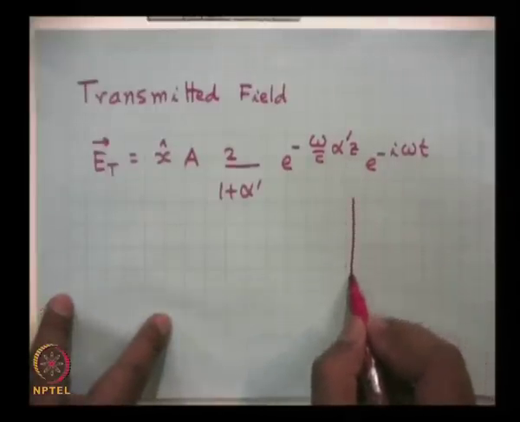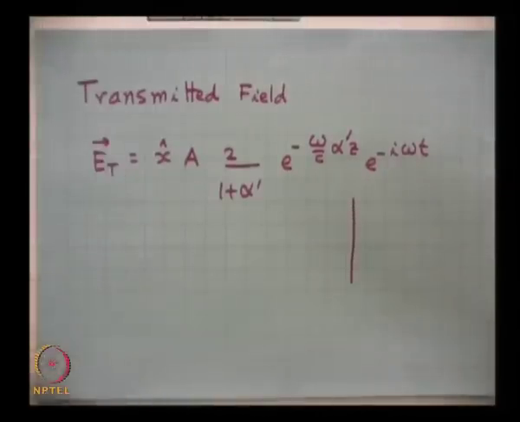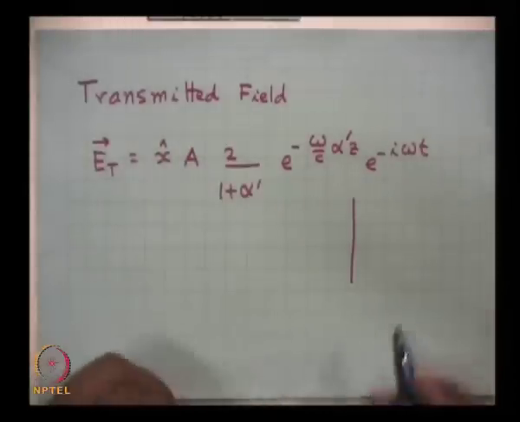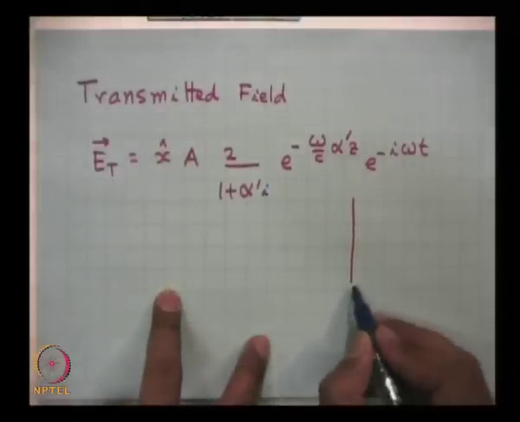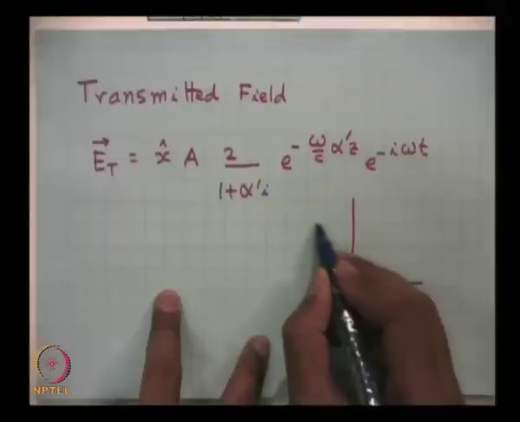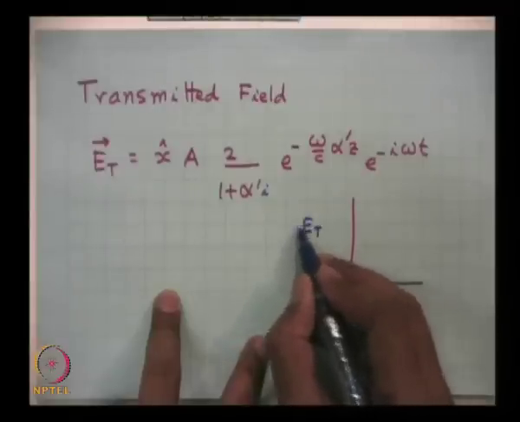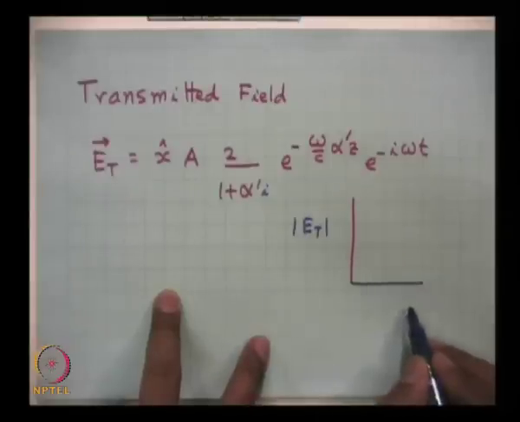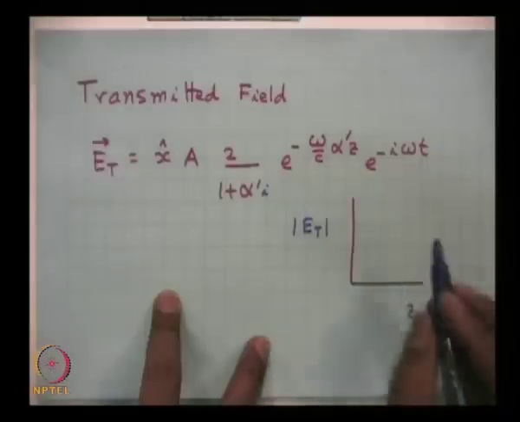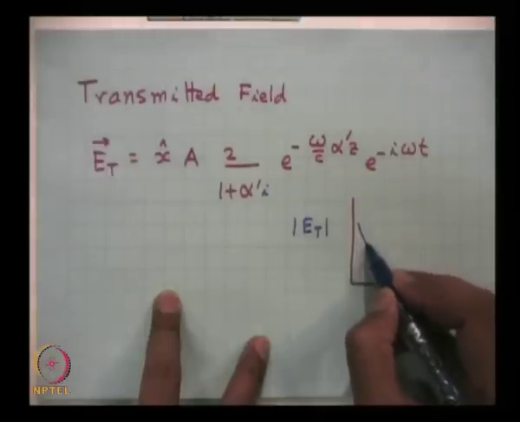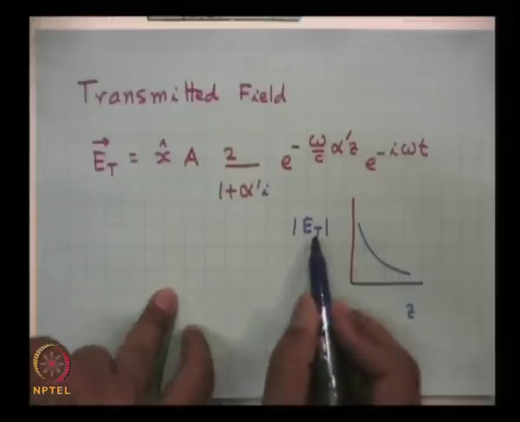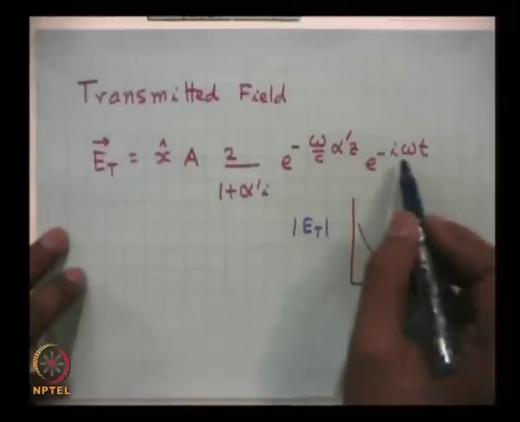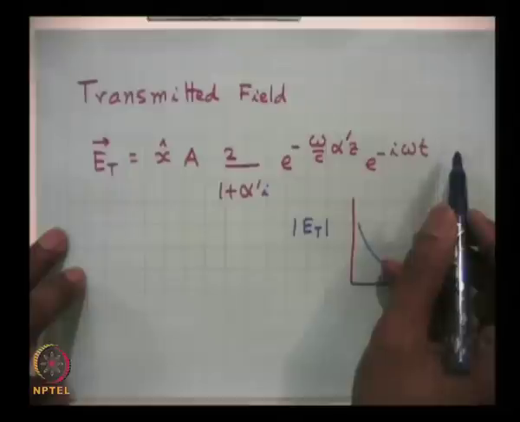So, if you are the boundary here, if I plot magnitude of this quantity which is called amplitude of the wave, this is I alpha, actually I is there. So, if I plot here say modulus of Et as a function of z, because of this factor it will fall down. So, this is a wave whose real part of k is 0.